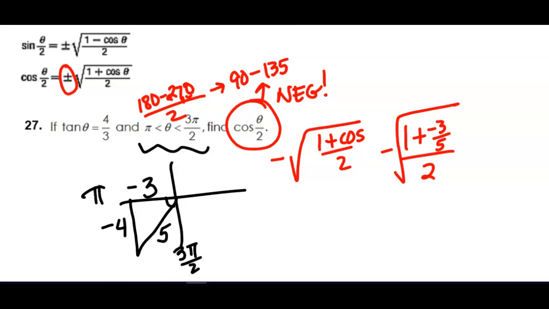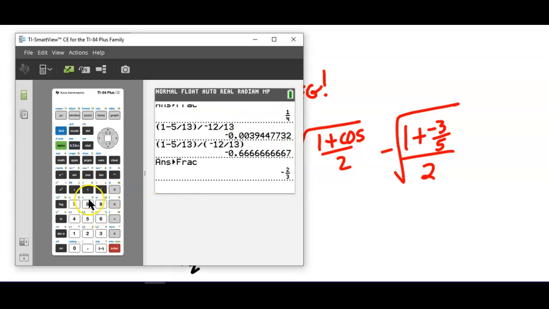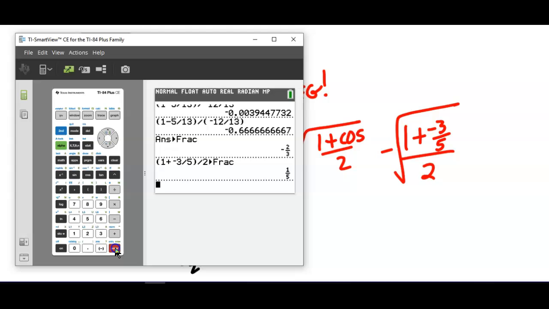Maybe I will. Just to show you one more on the calculator. I'd rather do it by hand, but okay, on the top we have 1 plus negative 3/5. And then it's all divided by 2. Math, enter, enter, because I want a fraction, and I get 1/5.